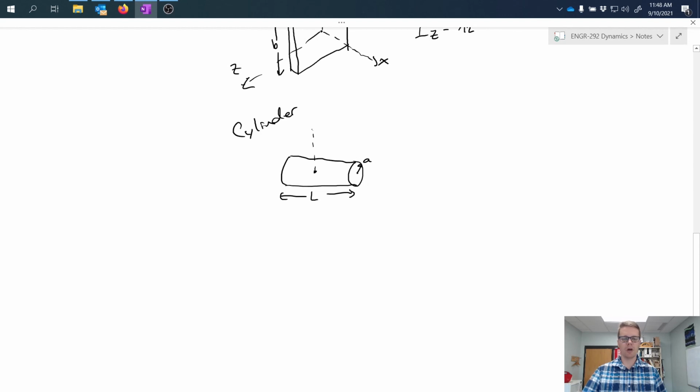Of course, our long slender rod is an approximation of a cylinder. And if we really want to be thorough or be complete, we can just use the cylinder formulation rather than skipping to a long slender rod formulation. So under this expression, we now have Ix equals 1/2 m a squared.